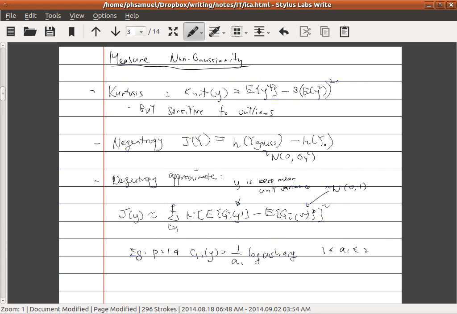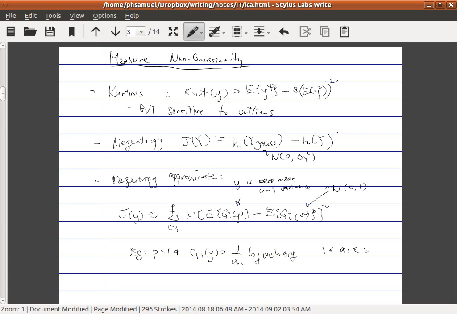So how do we measure non-Gaussianity? The traditional way is using kurtosis, but kurtosis is sensitive to outliers. One very useful measure, and the one we'll use here, is negentropy. That's equal to the entropy of a Gaussian variable y_gauss, which has the same variance as the variable y, minus the entropy of y.